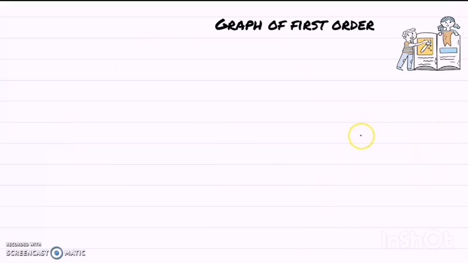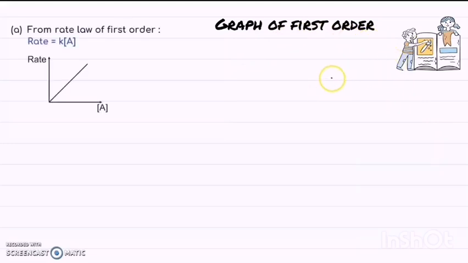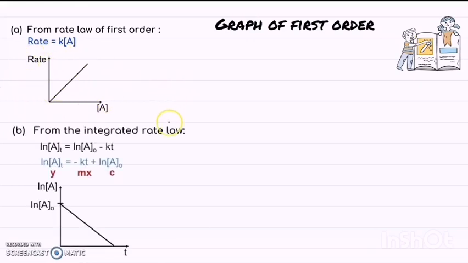Okay, next we will study about the graph of first order. From rate law of first order, we have rate equal to k concentration of A to the power of 1, as it is first order. So when we plot graph rate versus concentration of A, we will get this kind of graph. Second graph that you have to know is from the integrated rate law.